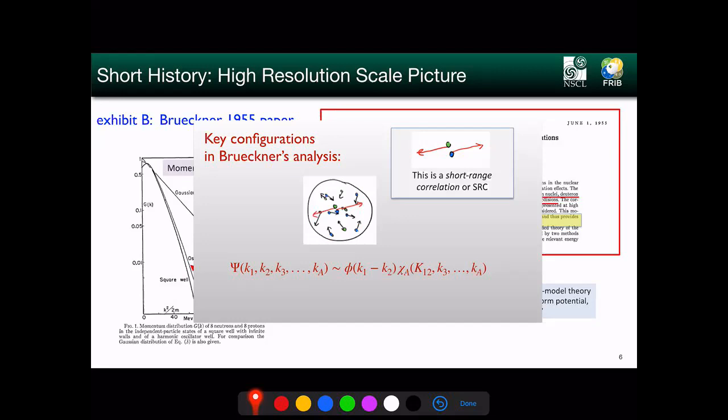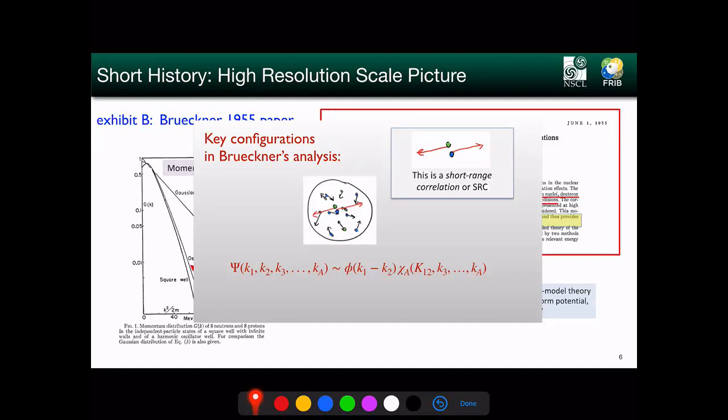And these are the configurations that in modern lingo we would call short-range correlation pairs. And so in Bogner's analysis, he realized that to describe such a high momentum tail, to describe these 5 different reactions that he studied, the important configurations in the nucleus were like the cartoon shown here.